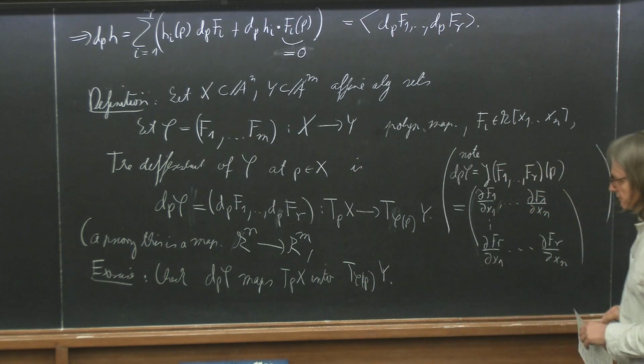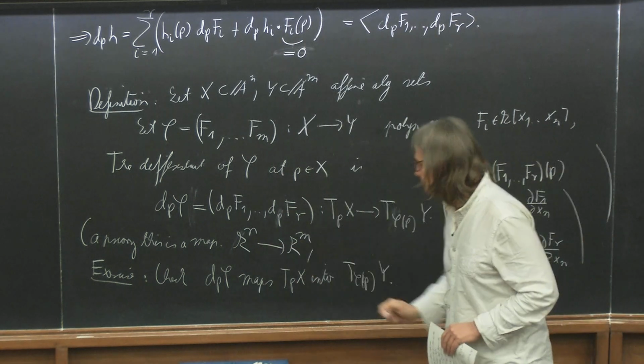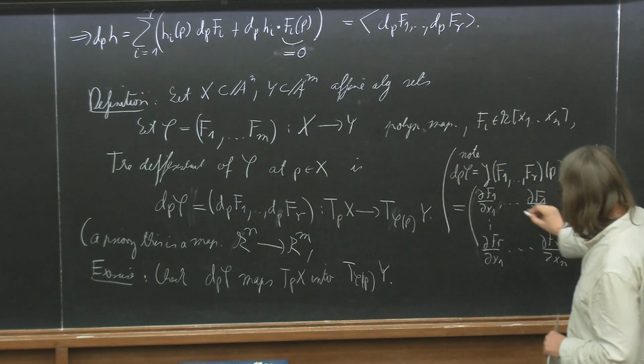By which I mean as a map from K^N to K^M, we take all of this at P, obviously.